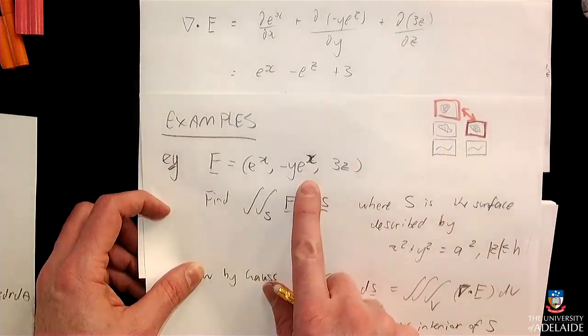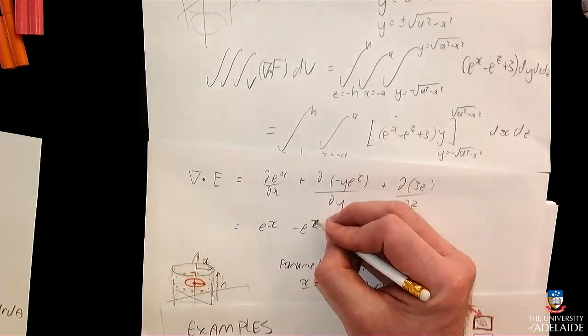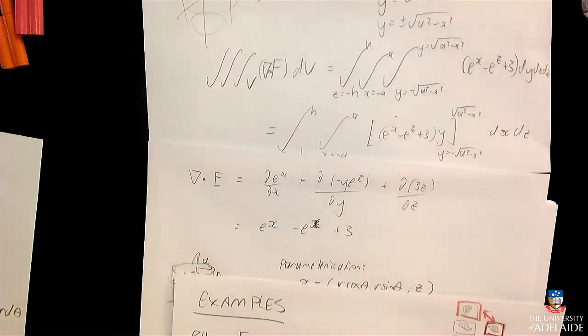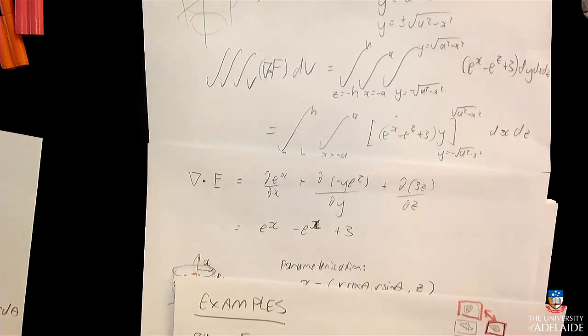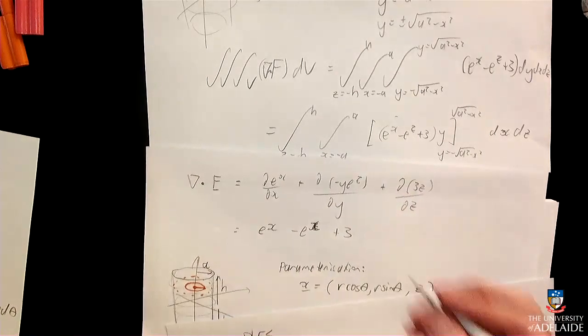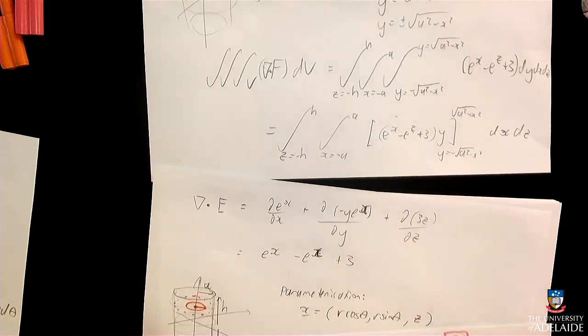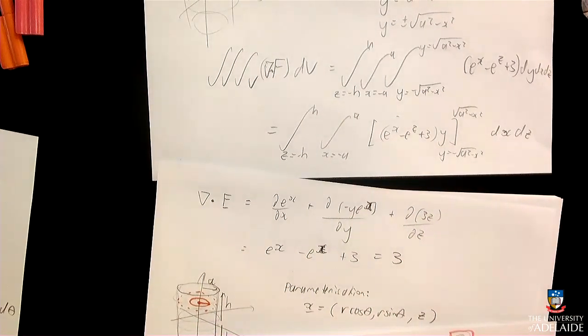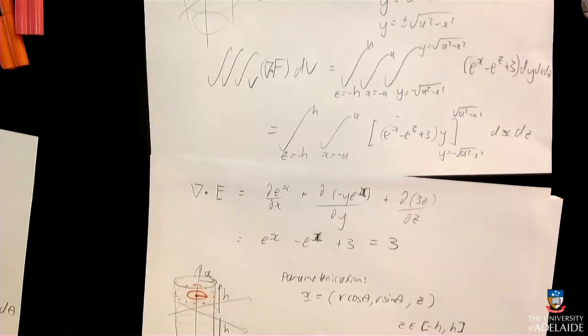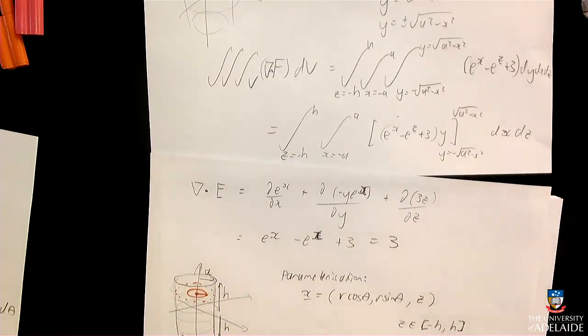And in that case, when I do my gradient, this becomes an x. And they cancel out! Ah. Right. Which is just 3. Right. 3 I can integrate. Oh.